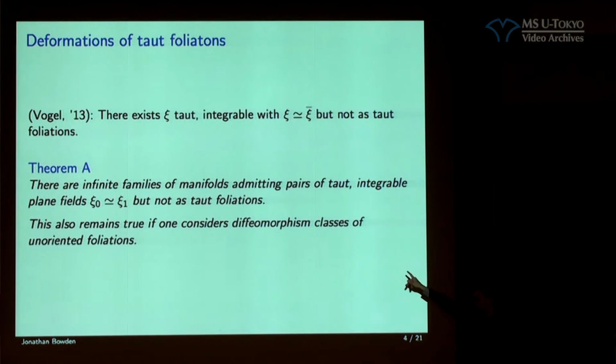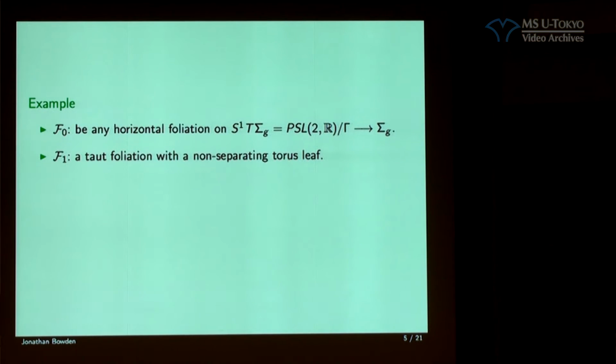However, if you have diffeomorphism, then I don't know if you can get an example of a fixed manifold where in a given path component of plane fields, you can have infinitely many different taut representatives that are distinguished as taut foliations. That would be interesting, and maybe I'll come back to it at the end as an open question.